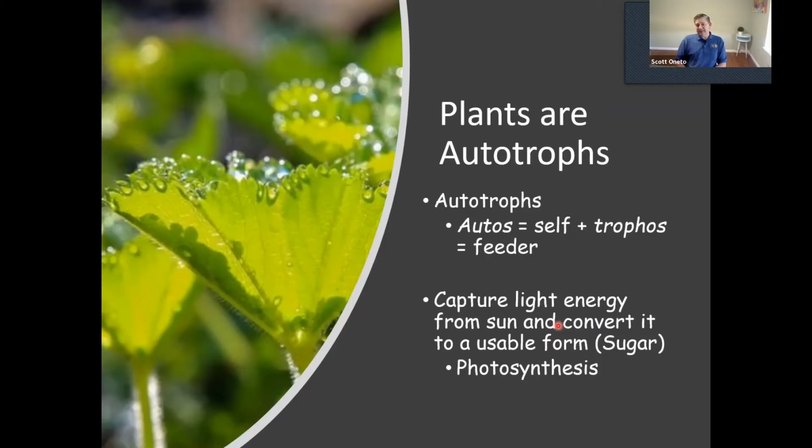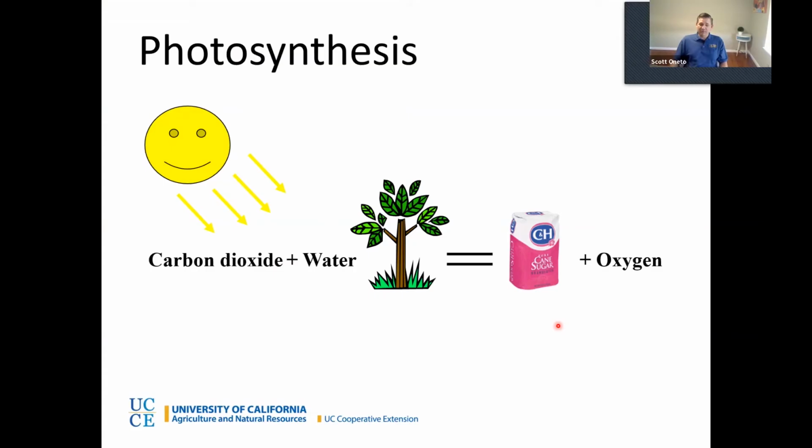And plants have this ability to capture sunlight energy, and they take that sunlight energy often into their leaves, and then taking up water from the soil and then capturing carbon dioxide from the atmosphere, they're able to undergo a chemical reaction called photosynthesis.